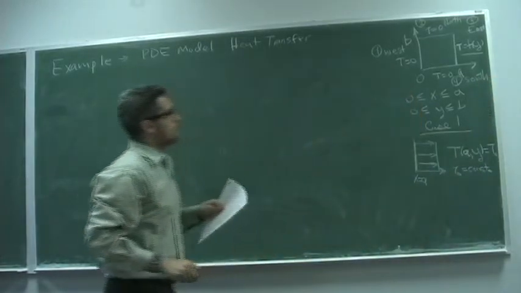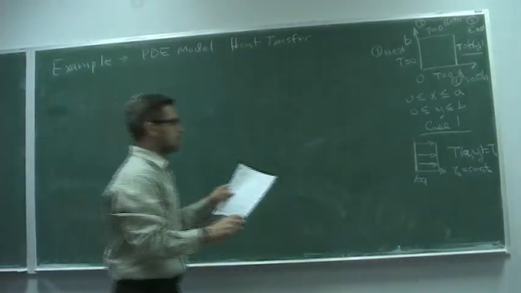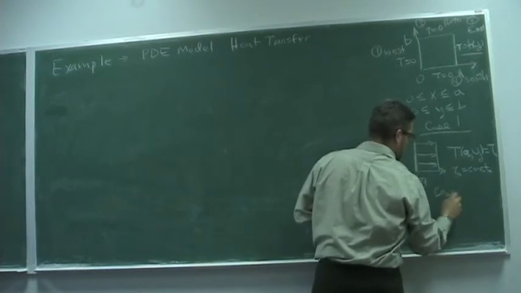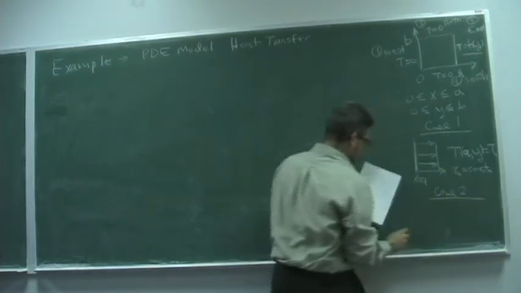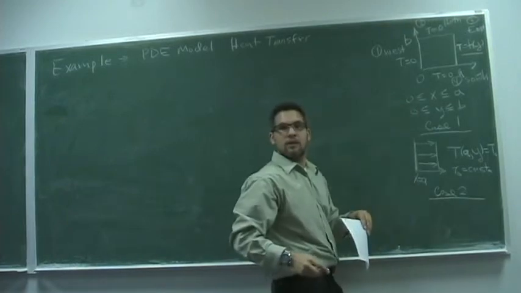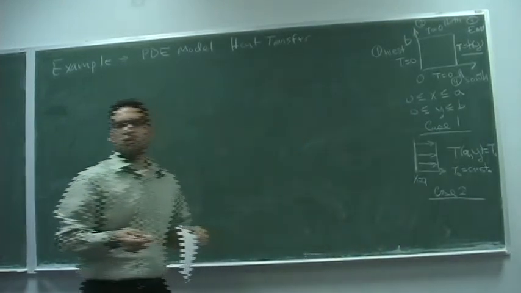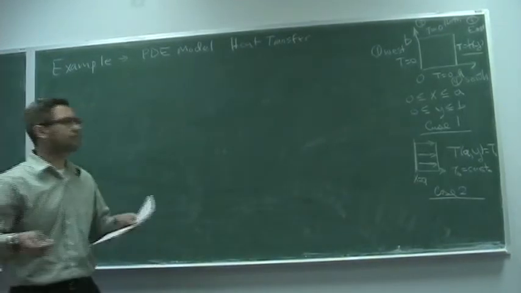Okay? So that's basically what we've got. Okay, case 2. It might be hard for you to see that in the back, so I'll put case 2 up a little bit later when we get there, okay?